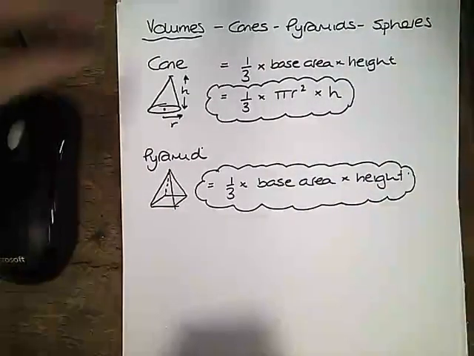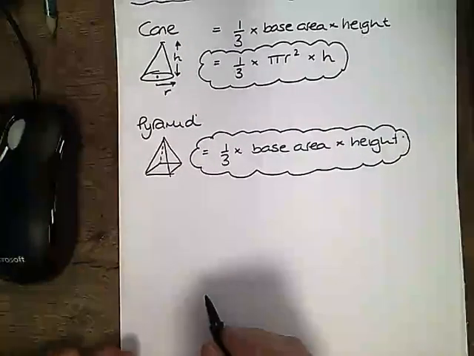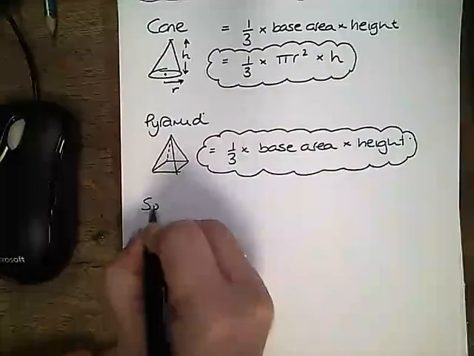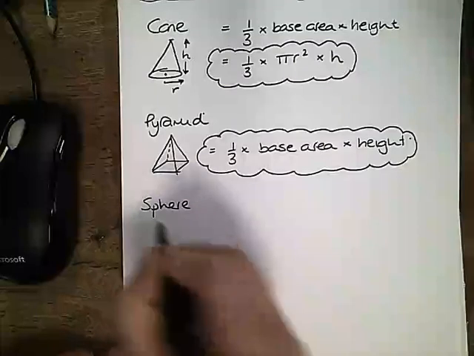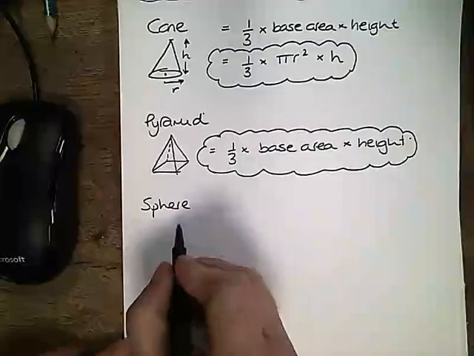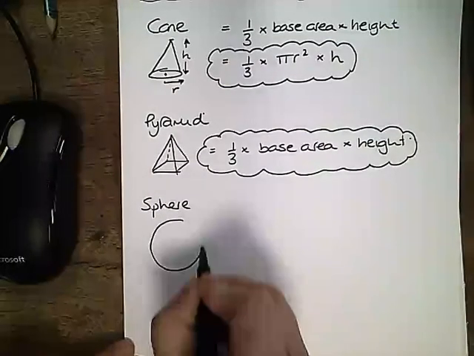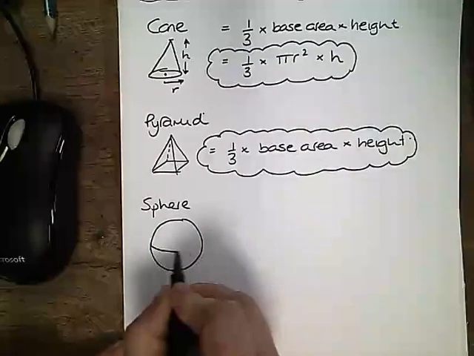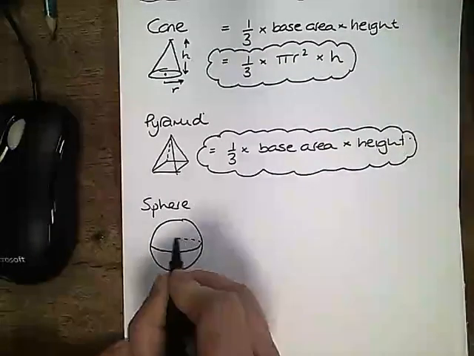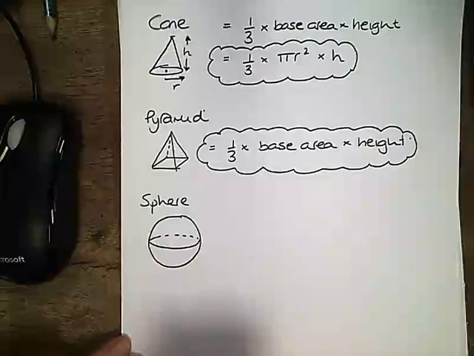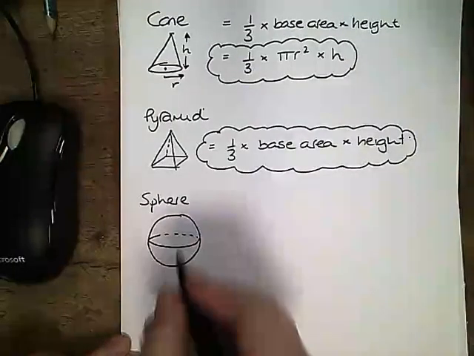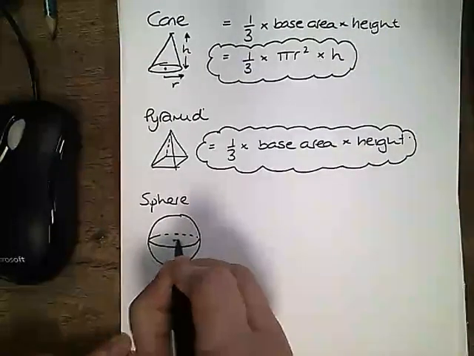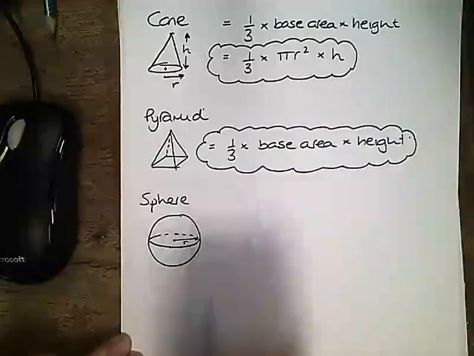And finally, we have a sphere. Now my sphere is going to be a circle, not a bad drawing of a sphere actually, and we've got the radius of a sphere, so from the centre out to the edge, the radius.